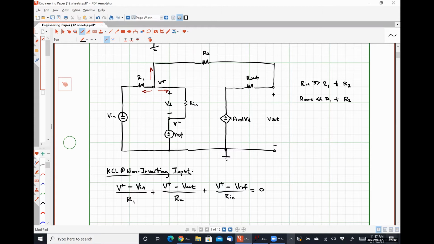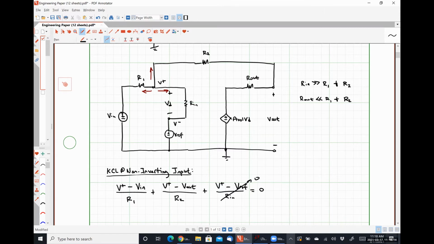Now, if we apply our first assumption that Rin is much, much greater than R1 and R2, what can we say about our third current term in our KCL expression? It's essentially 0, okay? So we're going to throw this guy away because it's not really doing much of anything. And that is also going to bring us to something else that's very important here, okay?